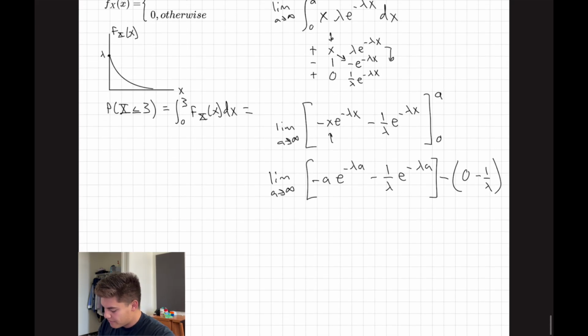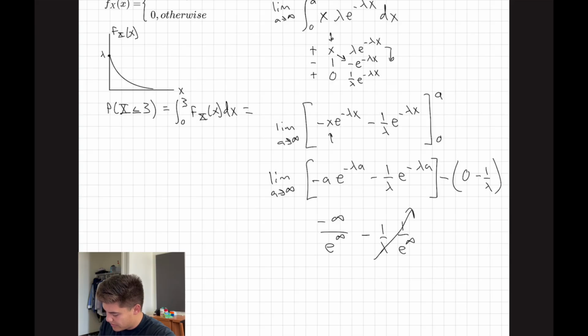So here we have an indeterminate form, negative infinity over e to the infinity, since I'm bringing it down to the denominator, minus 1 over lambda times 1 over e to the infinity.